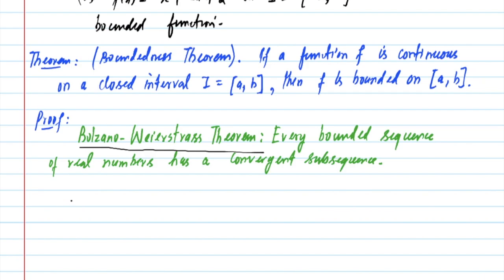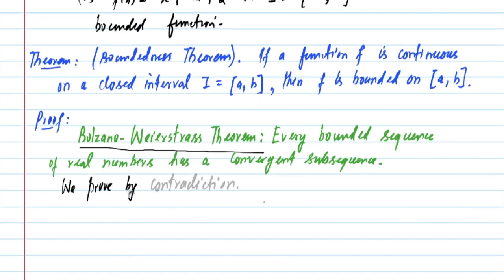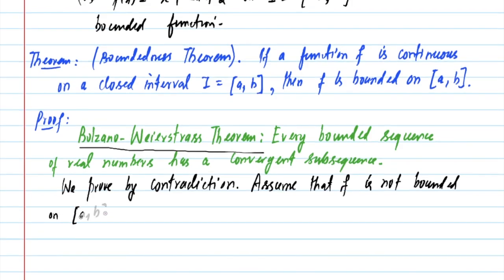So we shall prove the boundedness theorem with the help of a contradiction. So we prove by contradiction. Assume that f is not bounded on a b. Assume that f is not bounded on the interval a comma b. Since we are going to prove that f is bounded, and we are going to prove this theorem by contradiction, we shall assume that f is not bounded and see what happens then.